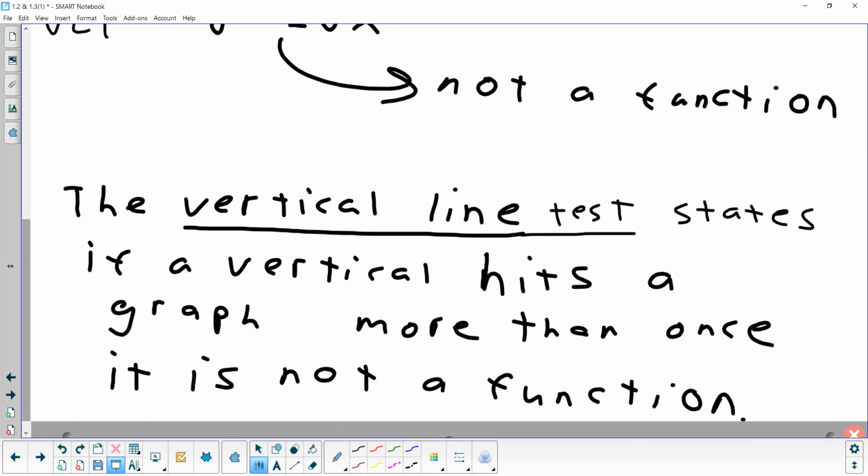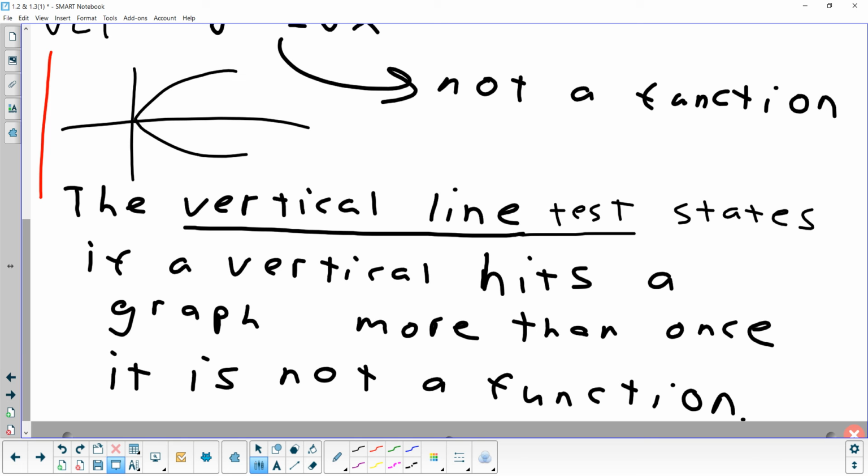So the vertical line test says that if you have a picture, let me draw the square root one. If you have a graph and you take a vertical line and you put it somewhere in your graph, if the vertical line can hit the graph more than once, then what you just drew is not a function.